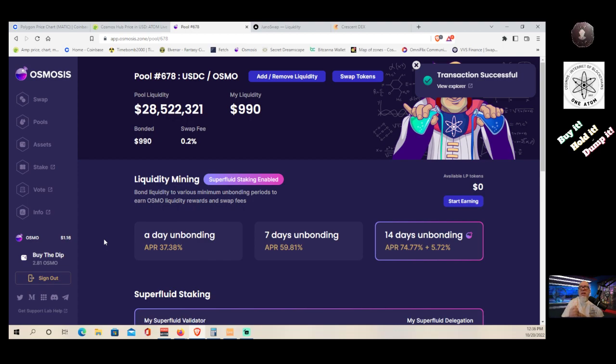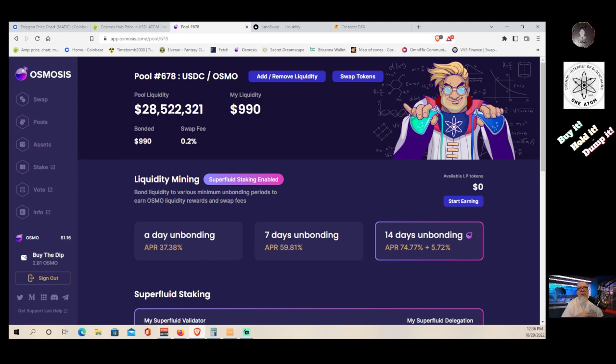Now, the reason that I'm getting into this pool is because I consider this one extremely, very, very stable for a high APR pool. It is amazingly stable. Huge amount of liquidity sitting here. It's not running away. And it gets the highest amount of swap fees of any other pool that exists over here on Osmosis DEX.